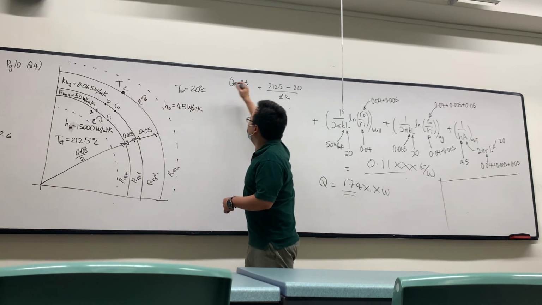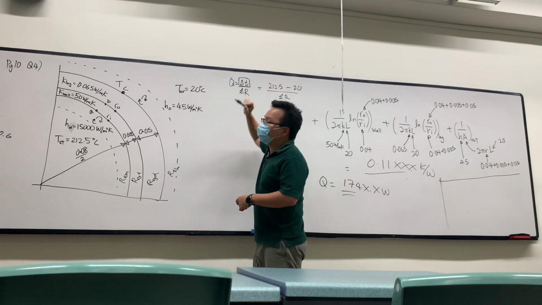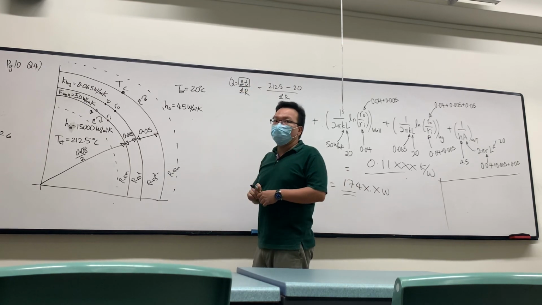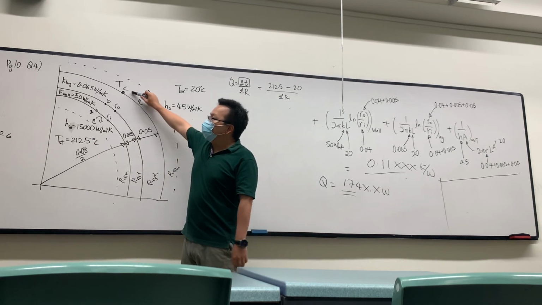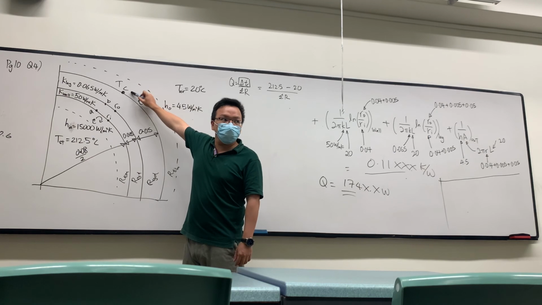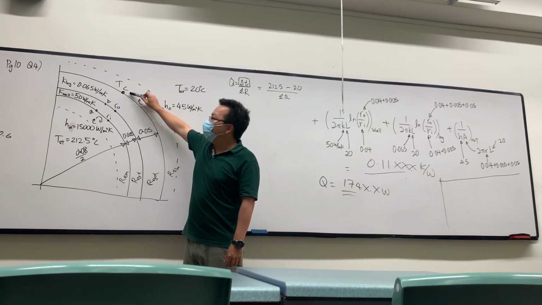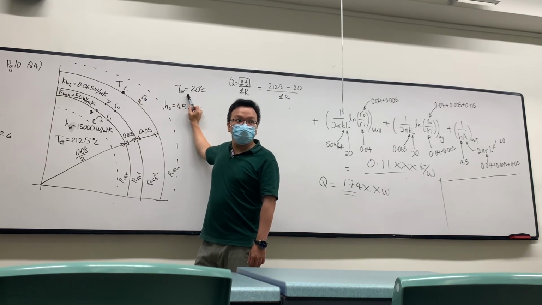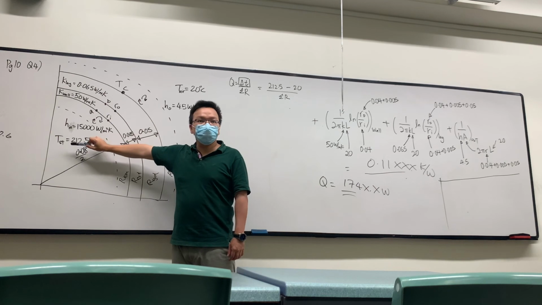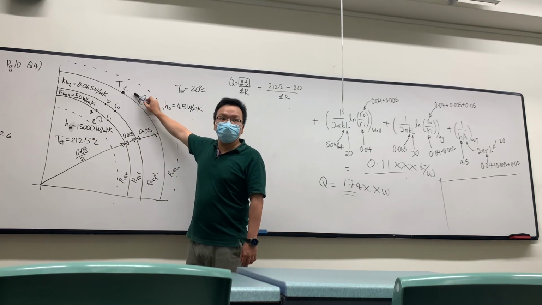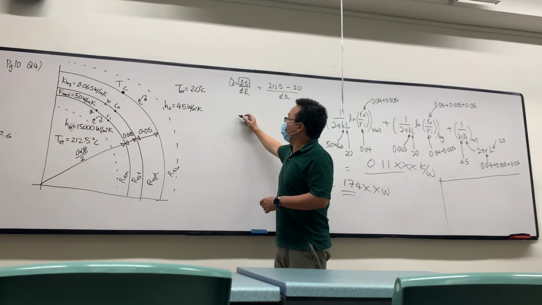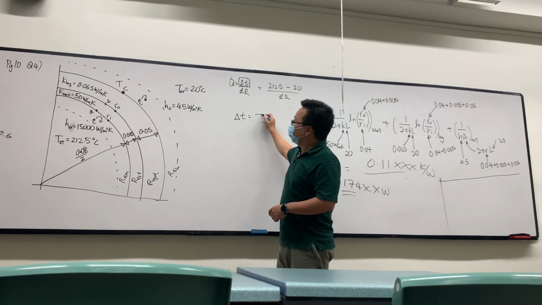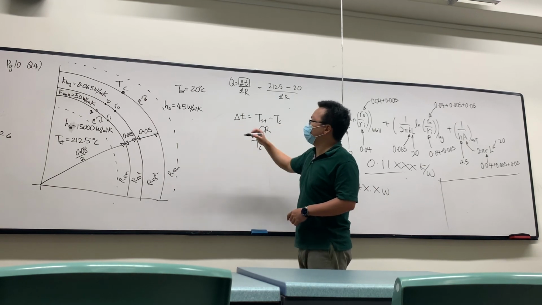TC will exist in this term here, am I right? This is where T can exist only, in the delta T. So in order to form delta T, I can use T steam minus TC, or TC minus TA.